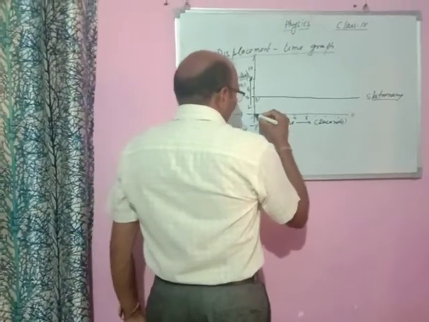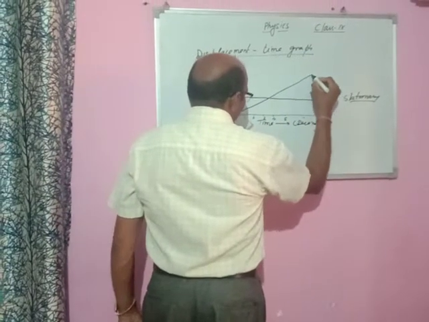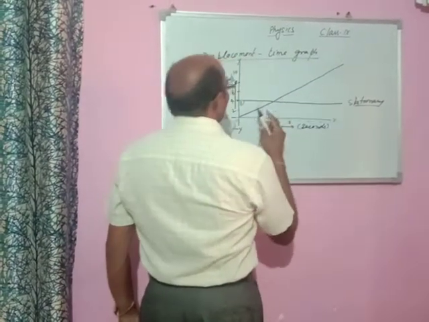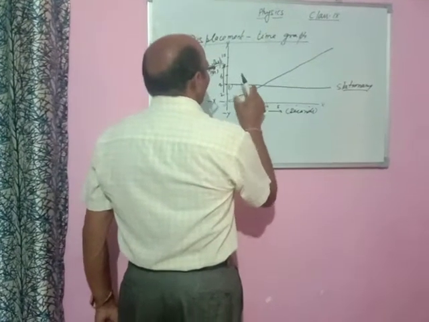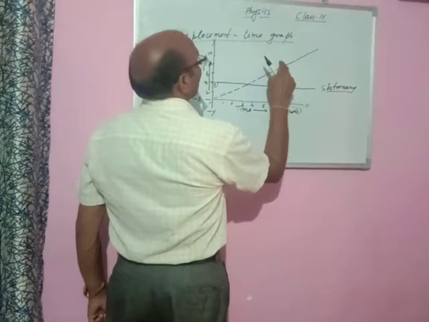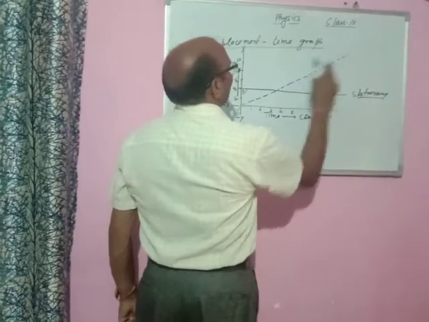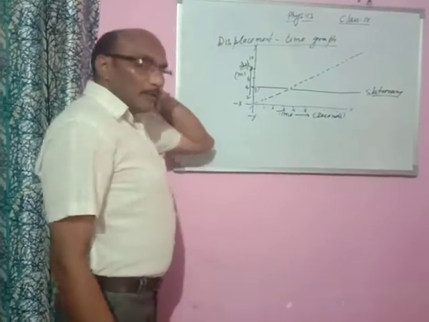Let graph is like this. I am going to draw this line some darker, like the dotted line. Suppose I am taking, so you can understand easily. This is line.